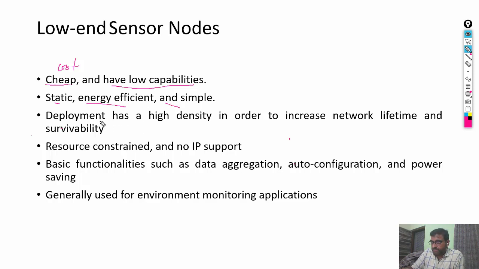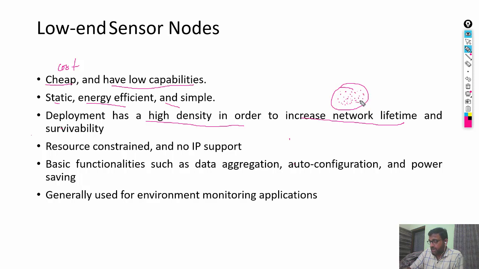Deployment of that particular node is high density in order to increase network lifetime. It means they are deployed very near to each other. High density means that in a certain region the number of low end nodes is very high.